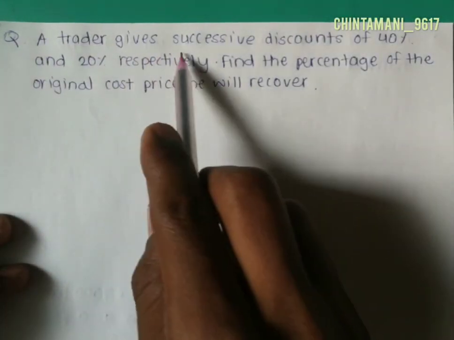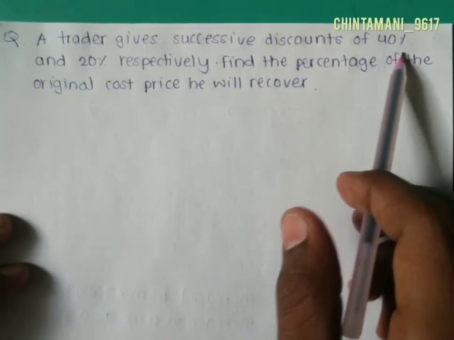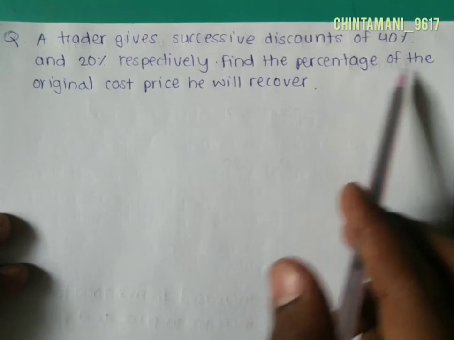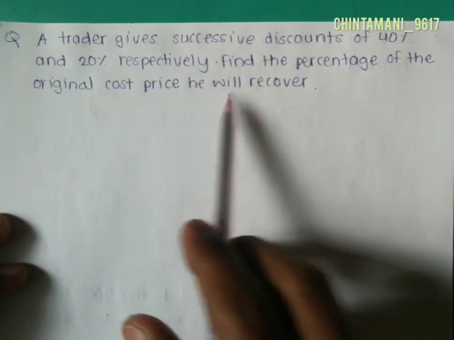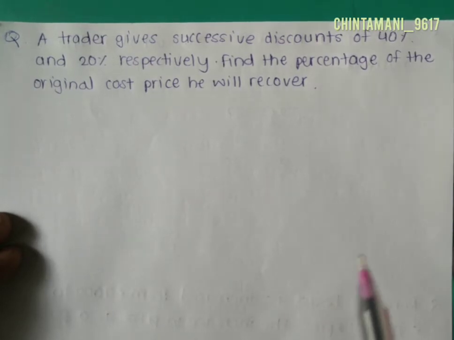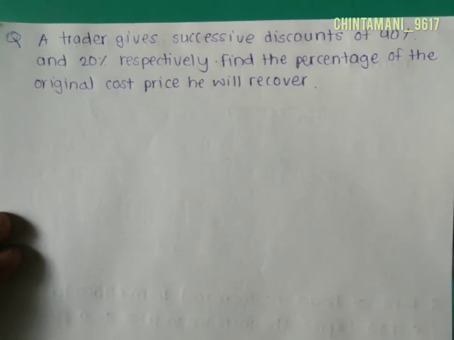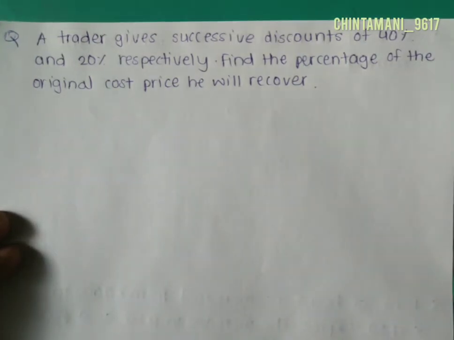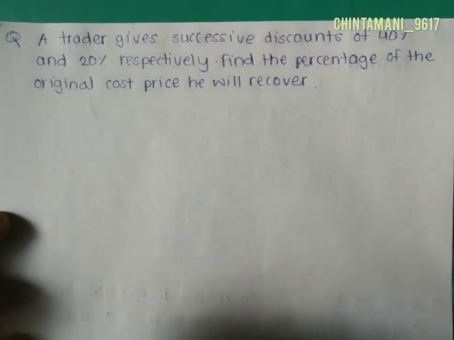A trader gives successive discounts of 40% and 20% respectively. Find the percentage of the original cost price he will recover. So initially a trader gives a discount of 40% and 20% as well. So we have to find a single discount, or the percentage of the original cost price he will recover. We know the formula for successive discounts. What is it?